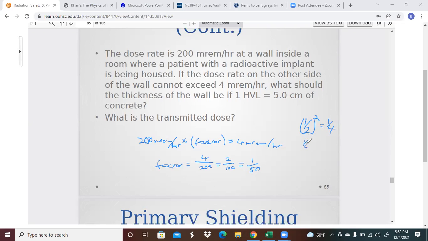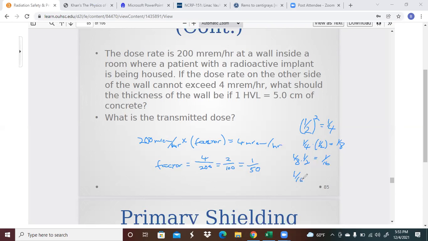If I take 1/4 and multiply that by another half, it's 1/8. 1/8 times a half is 1/16.